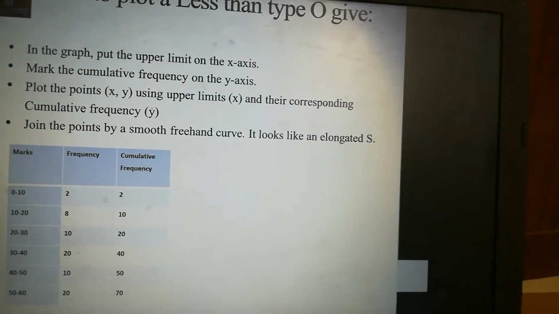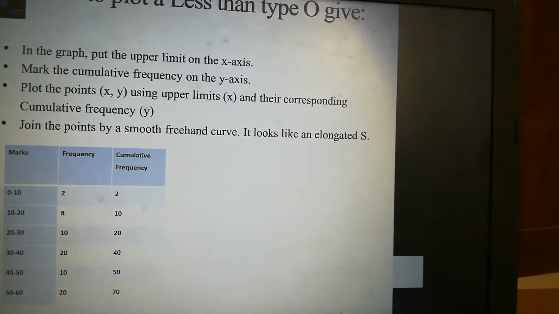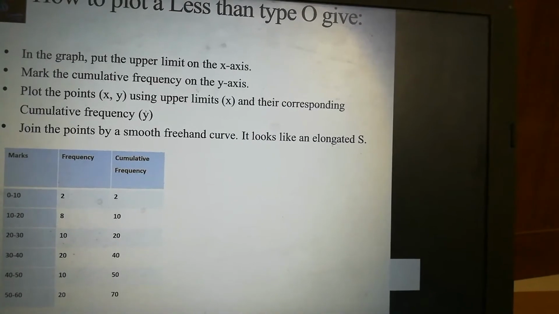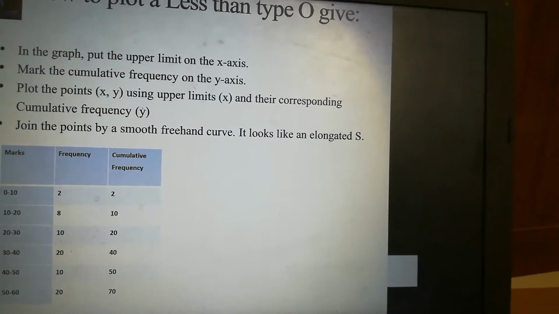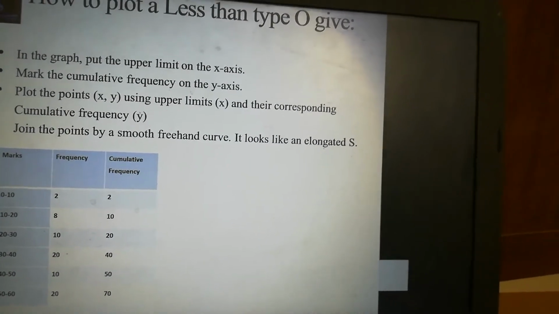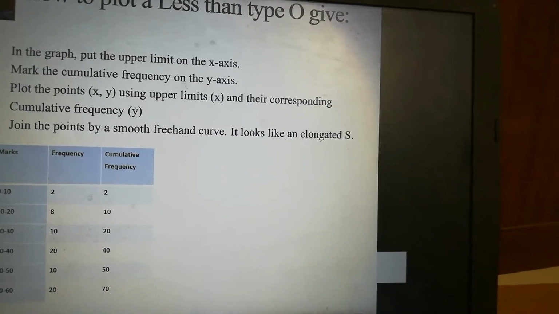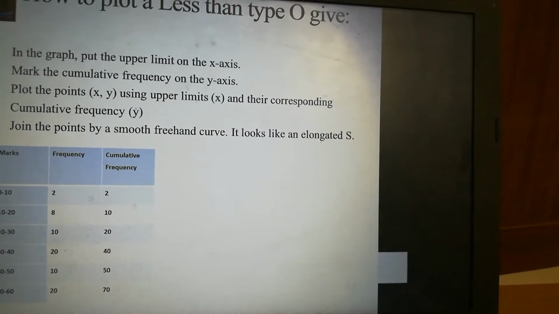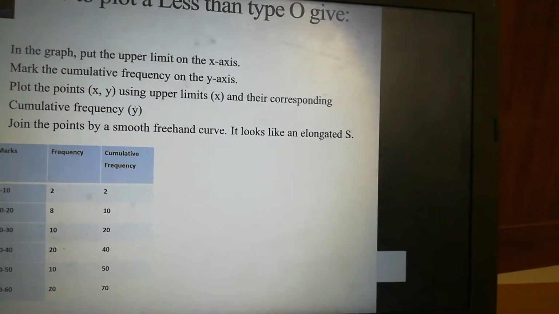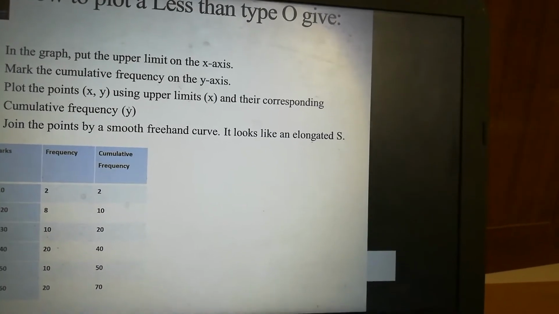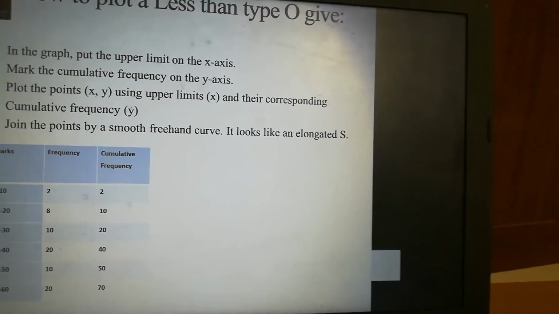Similarly, the number of students who got marks between 20 to 30 is 10. So we add 10 plus 10, and we get the cumulative frequency for the 20 to 30 class interval as 20. Similarly, for 30 to 40 the frequency is 20, and the cumulative frequency is 40.